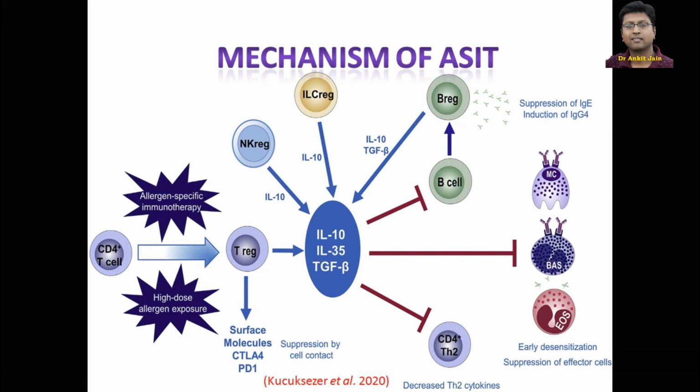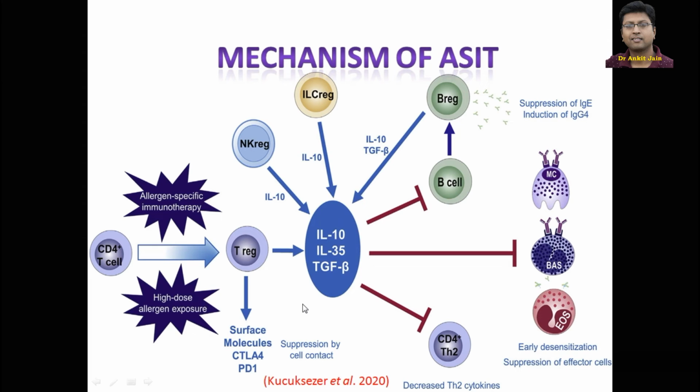Now comes the mechanism of immunotherapy, that is allergen specific immunotherapy. Due to production of histamine, there is inflammation, and we have to stop all this inflammation. So we have to trigger the change from CD4 T cell to T regulatory cell. It will produce surface molecules CTLA4 and PD1. When the allergen is given continuously in a high dose parenterally, it will produce T regulatory cells.